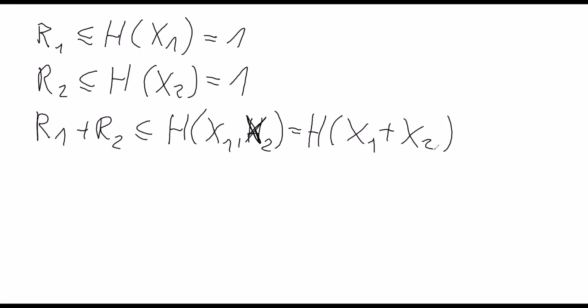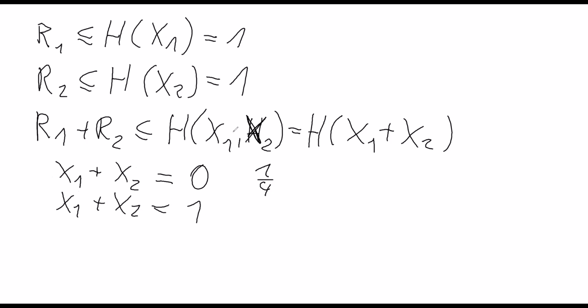Now, if you look at this entropy here, then you see that x1 plus x2 is equal to 0 if x1 and x2 are 0. So this happens with probability 1 over 4. x1 plus x2 is equal to 1 if x1 is 1 and x2 is 0, or x1 is 0 and x2 is 1.